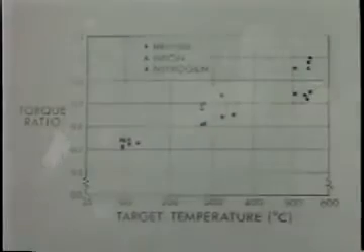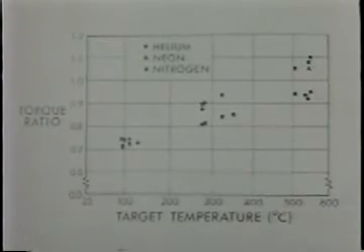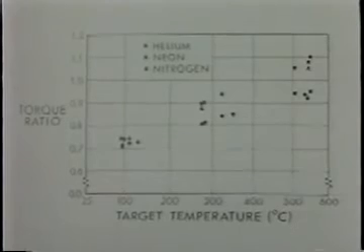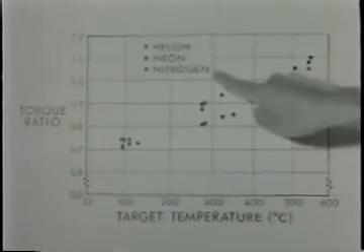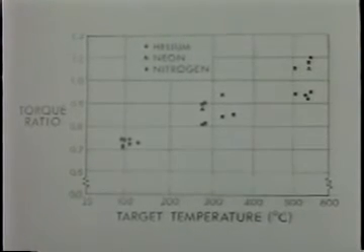This part depends on the target temperature and on the degree to which the velocities of the outgoing molecules are representative of that temperature. Here is a collection of results of tests similar to those you have just seen, but with beams of various gases striking the aluminum target. The source pressure has been held constant throughout. Our results for nitrogen lie here.